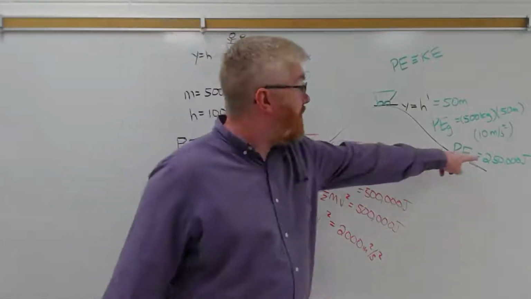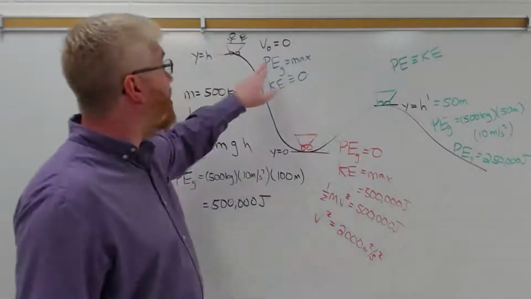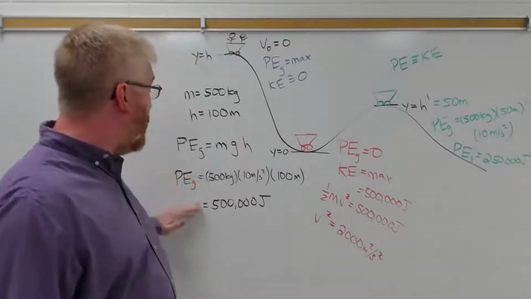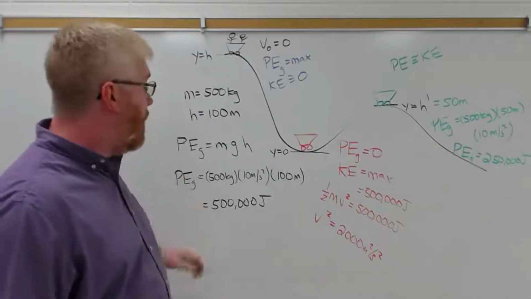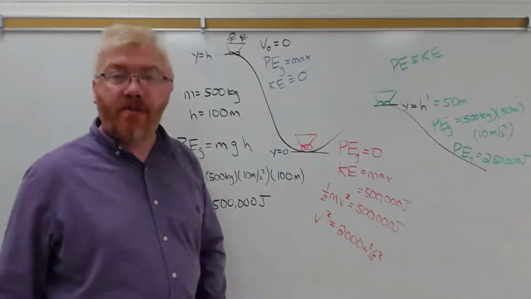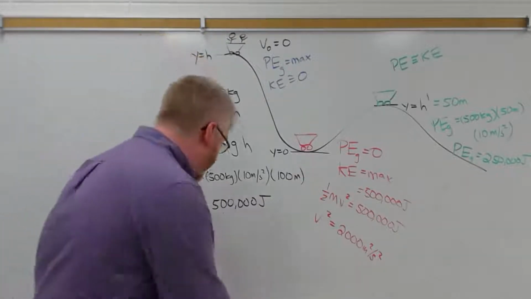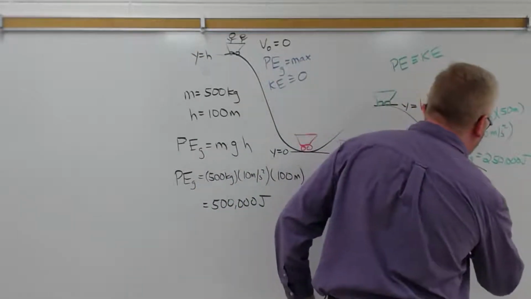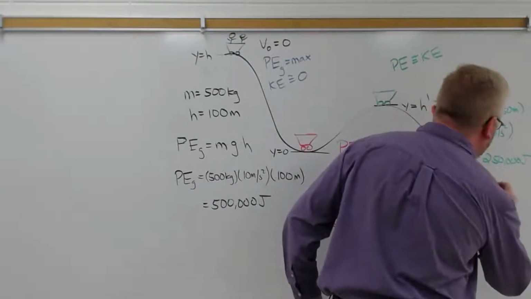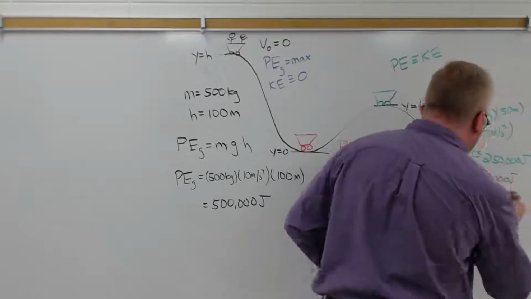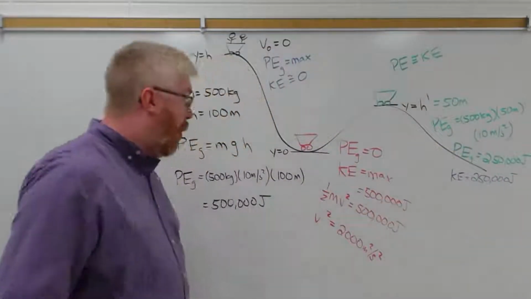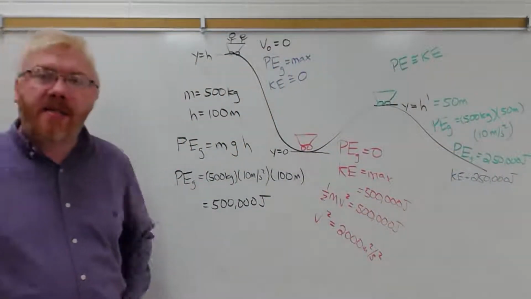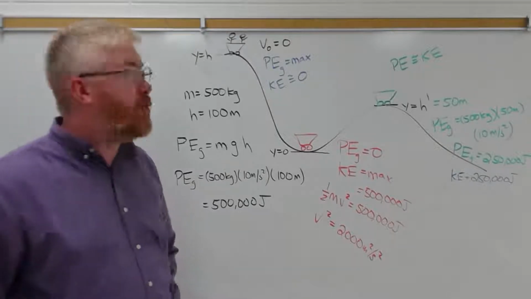Well, if 250,000 joules is in the gravitational potential energy, and the original energy was 500,000, where's the other 250,000 joules? It's in the kinetic energy. Kinetic energy also has to be 250,000 joules. So at each point, the total energy of the system is the same, 500,000 joules.